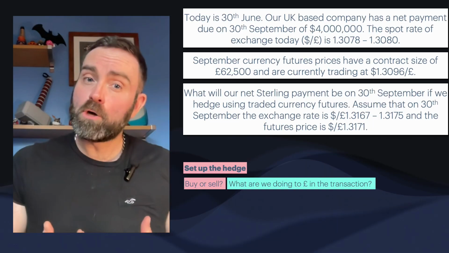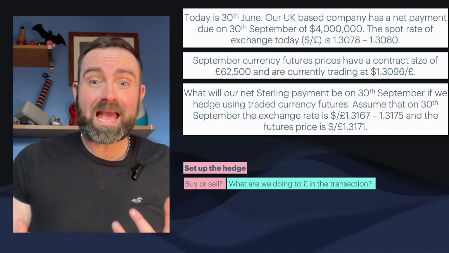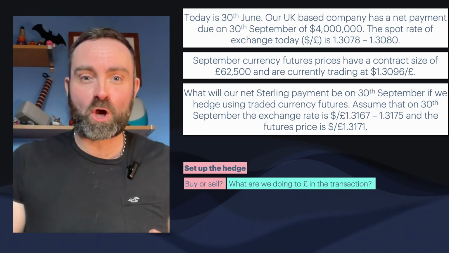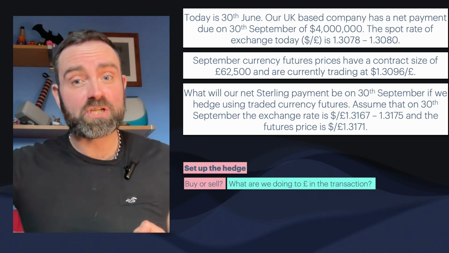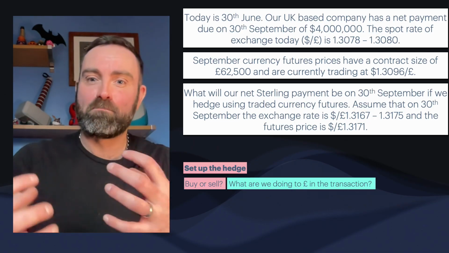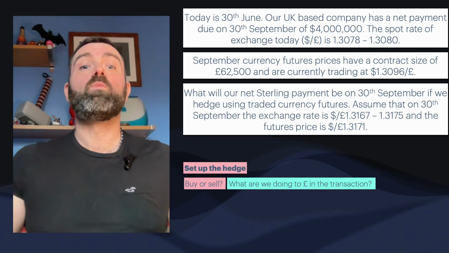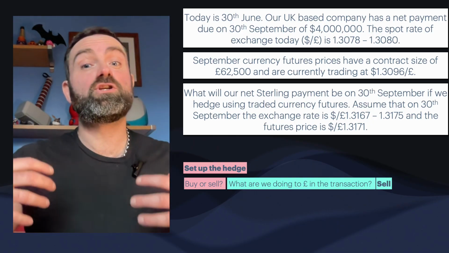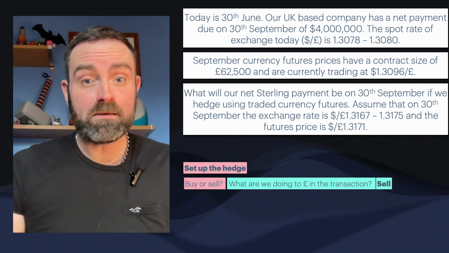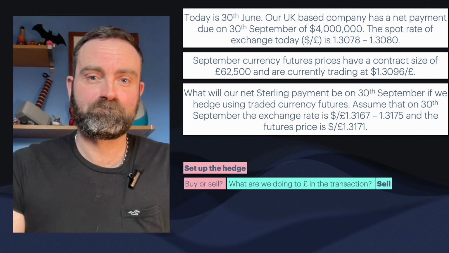Now, we're a UK company. We don't have dollars. So in order to accomplish this payment, we're going to need to buy the dollars from the bank that we need. And that means we'll be selling sterling to the bank to get that money. So the underlying transaction, we are going to be selling sterling in. So it means that we need to sell futures today, sterling futures, in order to start the hedge off.